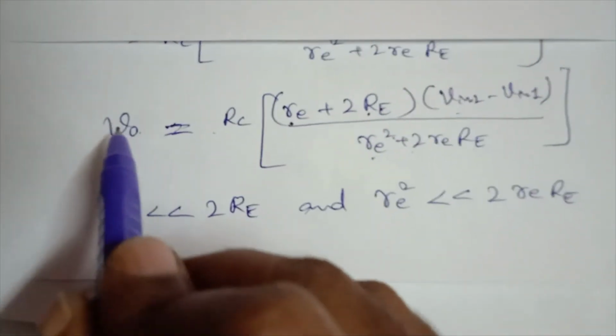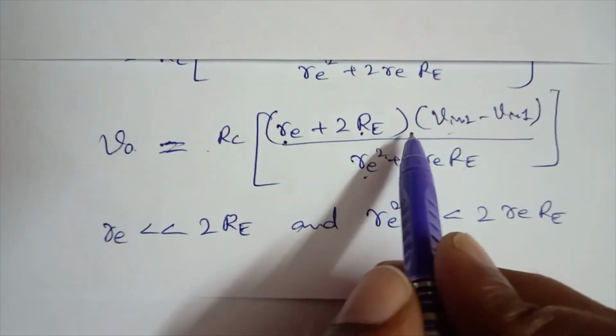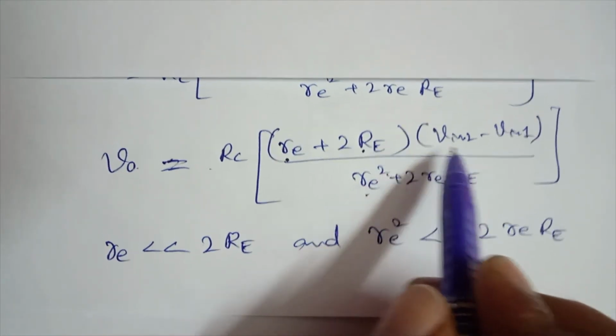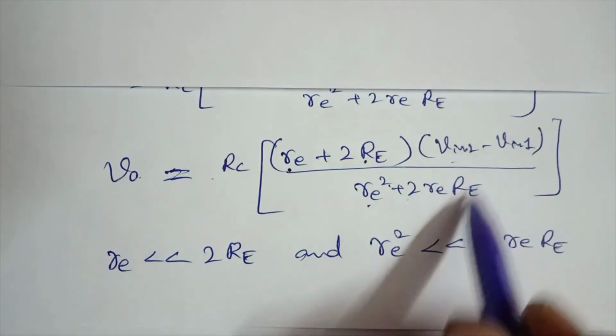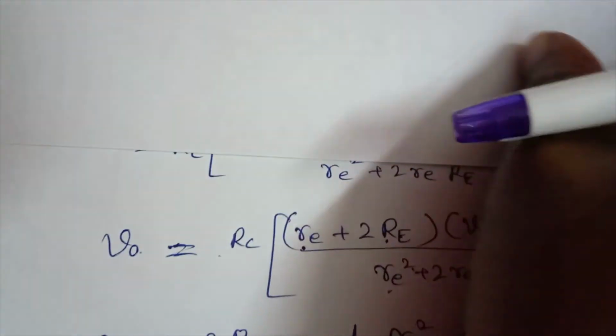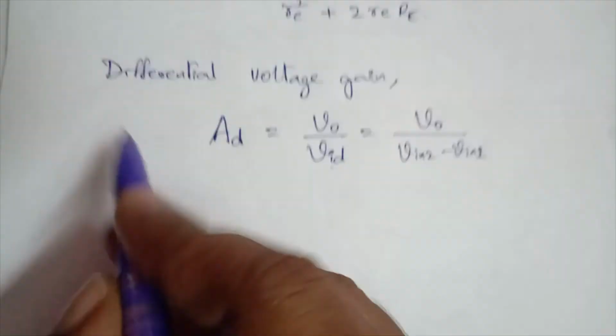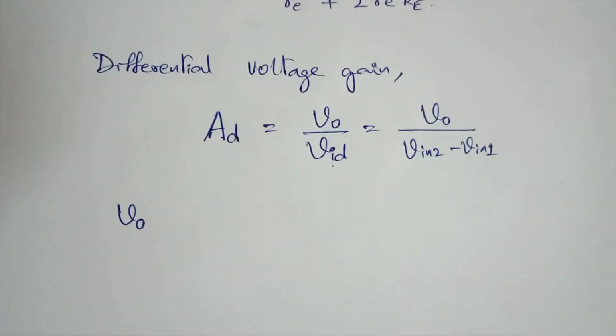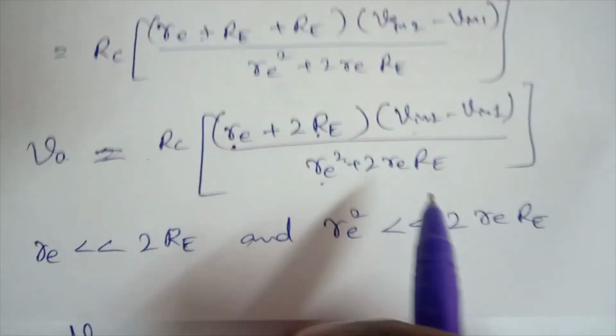Okay, now what is the voltage equation here? So we are getting V0 is equal to this equation. Take this one into the denominator side, then the equation becomes this one. So first write this simplified equation.